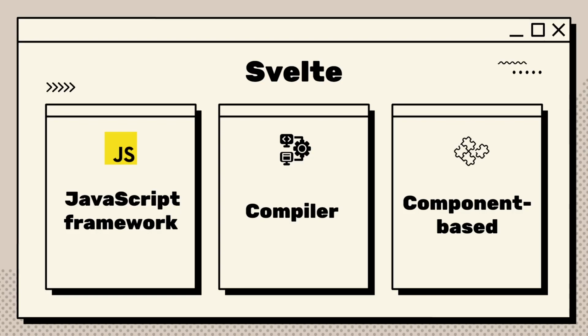And it is also component based, which means that you can create a component and reuse it in your application as many times as you like. So it is easier to develop an application. This makes Svelte lightweight, fast, and also easy to use, which has made it a go-to choice for developers who want to build fast and responsive web applications.